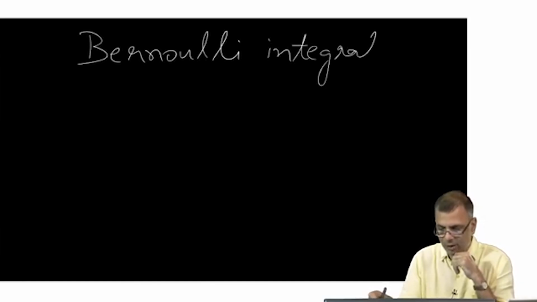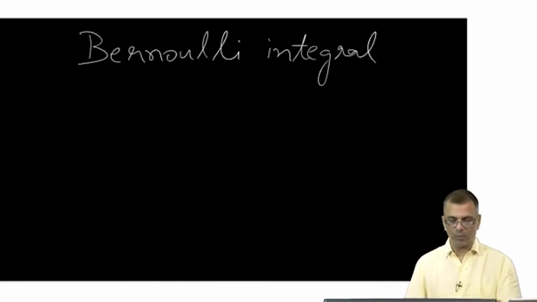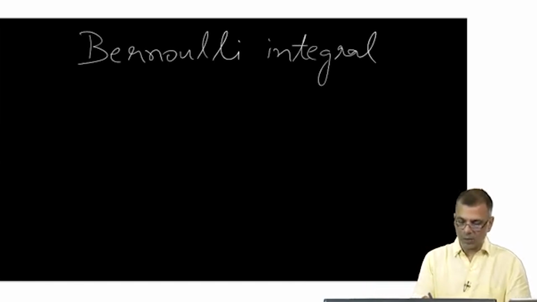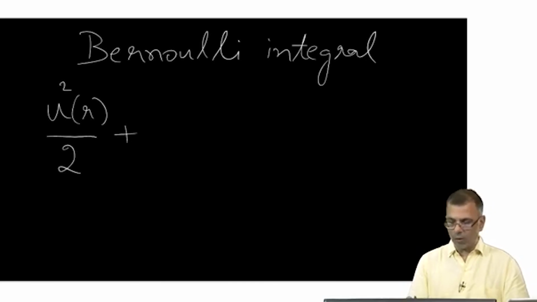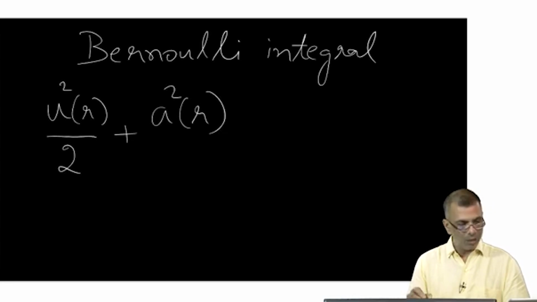which we've seen earlier, which is essentially the energy per second. So at any given radius, it would be u over 2 plus p over rho, which in terms of the sound speed would become like this.